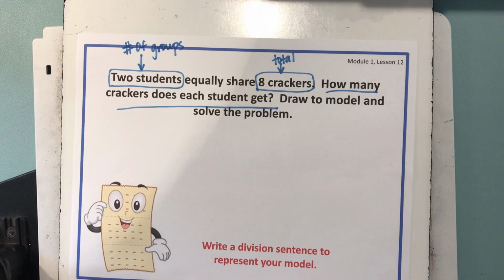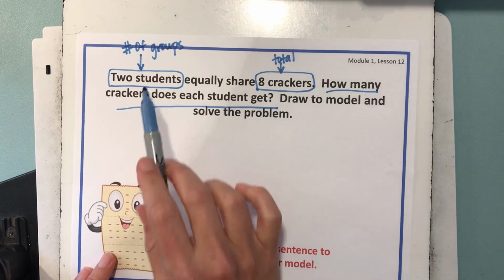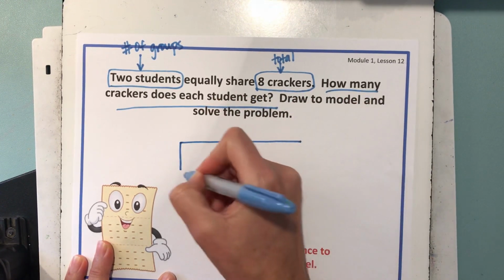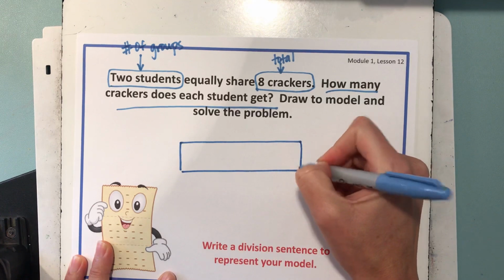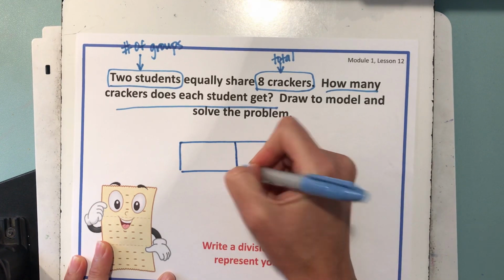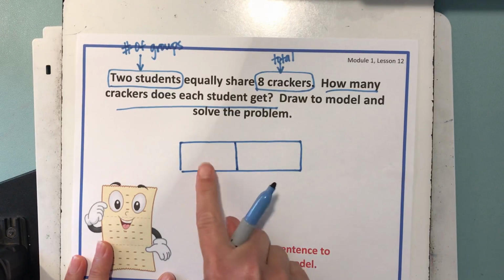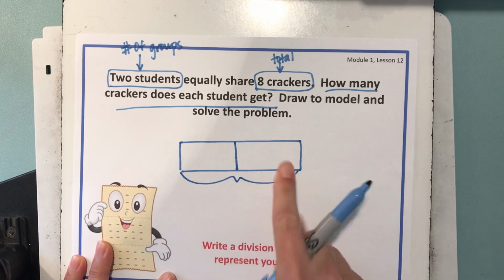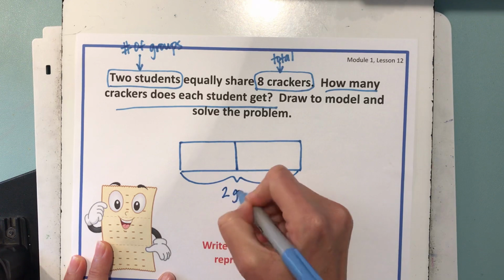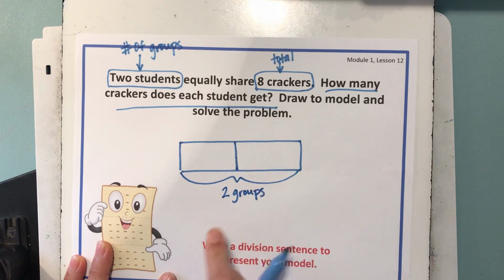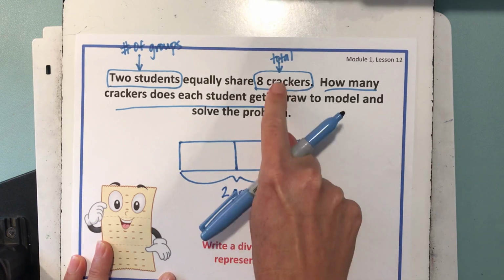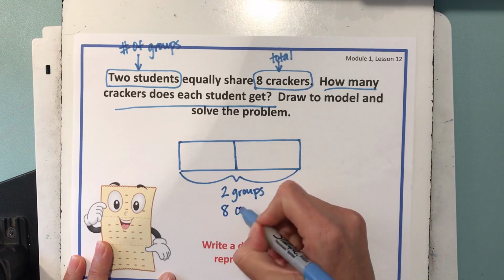So that's what I'm going to do here because I know that I have 2 groups. So I'm going to do a tape diagram. I'm going to divide it into 2 sections here. So I have my 2 groups. So this means 2 groups, but it also means the total, right? We have 2 groups here, but we also know the total, and the total is 8 crackers.